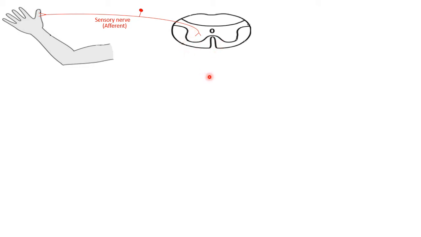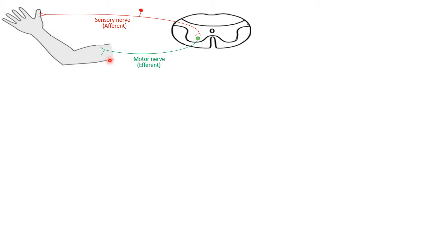Okay, then a signal is carried away from our spinal cord to the skeletal muscles in our hand, and this is carried through a nerve called the motor nerve. We also call this motor nerve the efferent nerve.